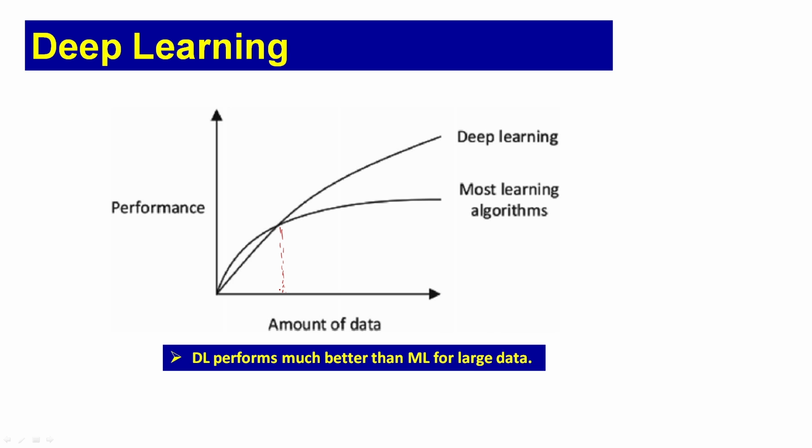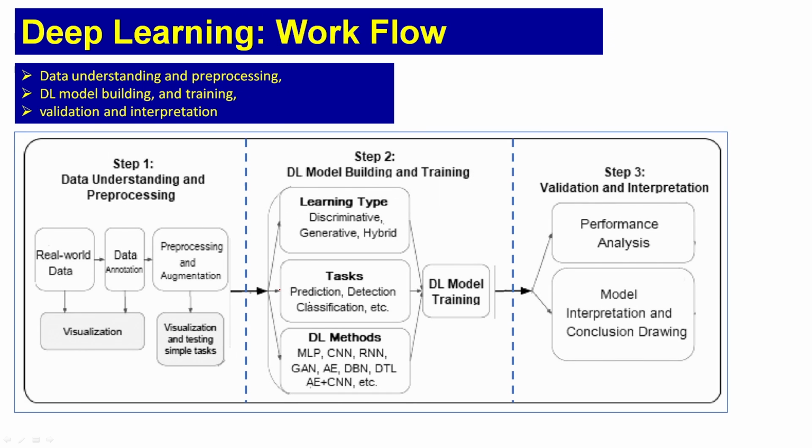A deep learning model can increase its performance more and more as the amount of data increases, and that is why it is extremely useful when dealing with large amounts of data. The capacity of the process can increase exponentially when the amount of data is very large. This is very important.